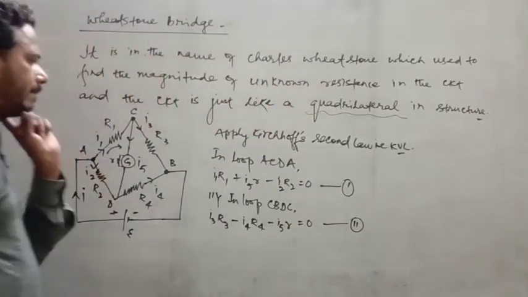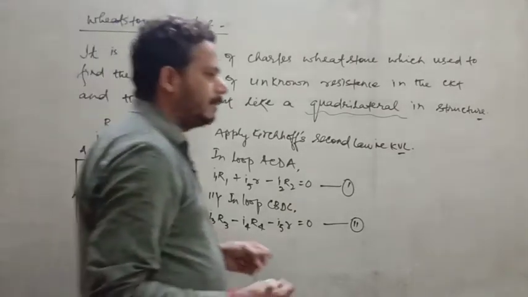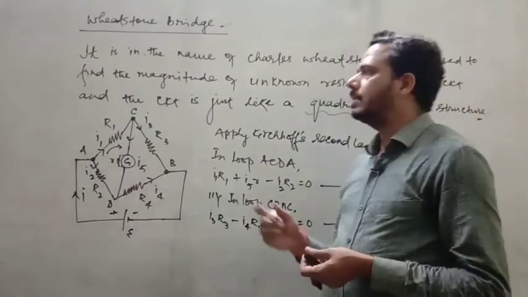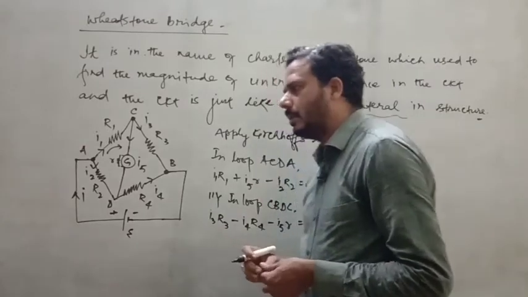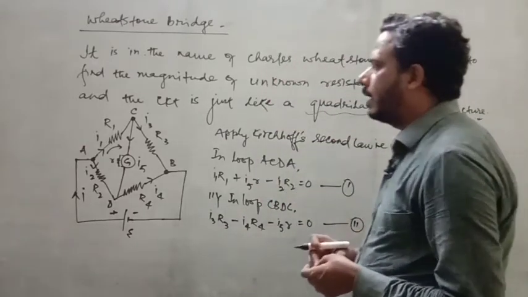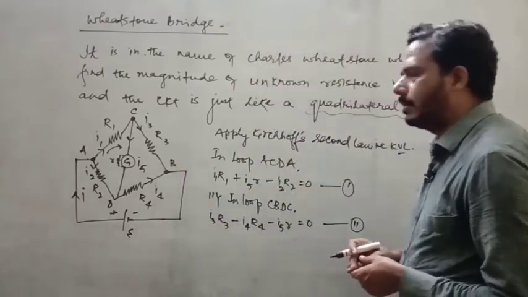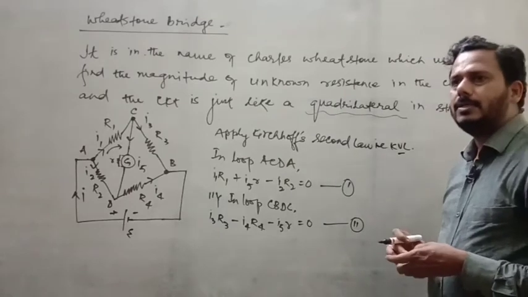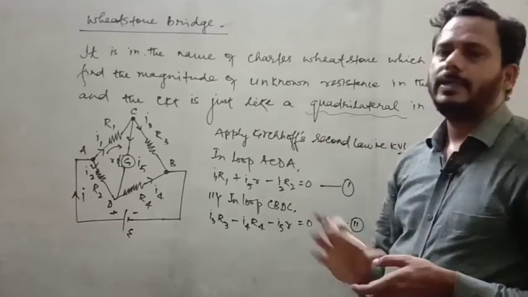Because you want to find the equation of Wheatstone bridge, the Wheatstone bridge is only applicable if this current I5 is 0. This one is the condition for the Wheatstone bridge.